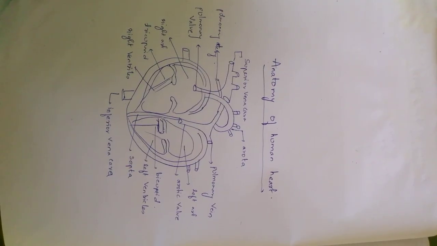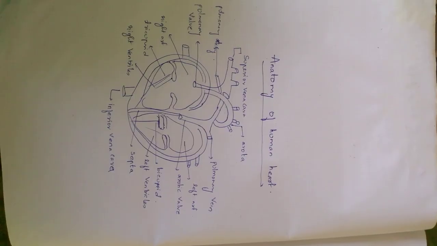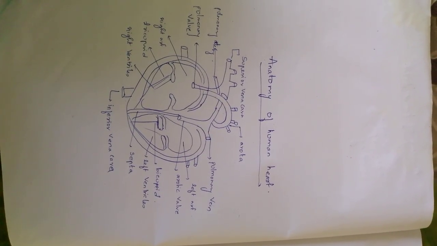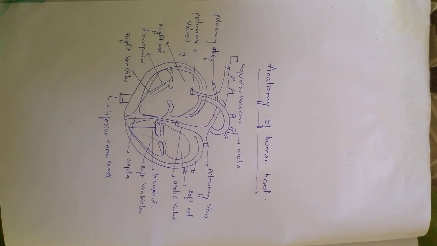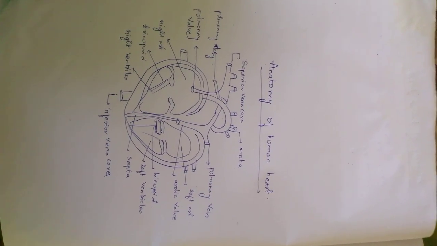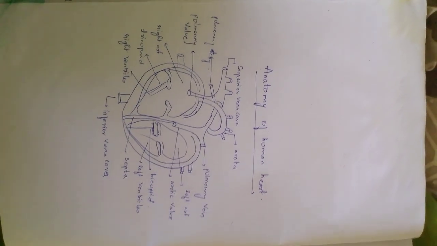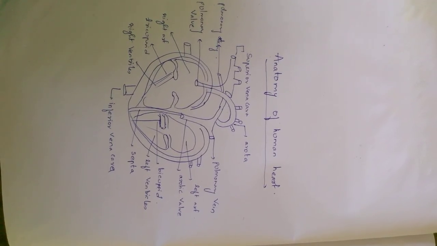Now for systemic circulation, its function is to supply oxygenated blood to all different parts of the body and bring deoxygenated blood back to the heart.